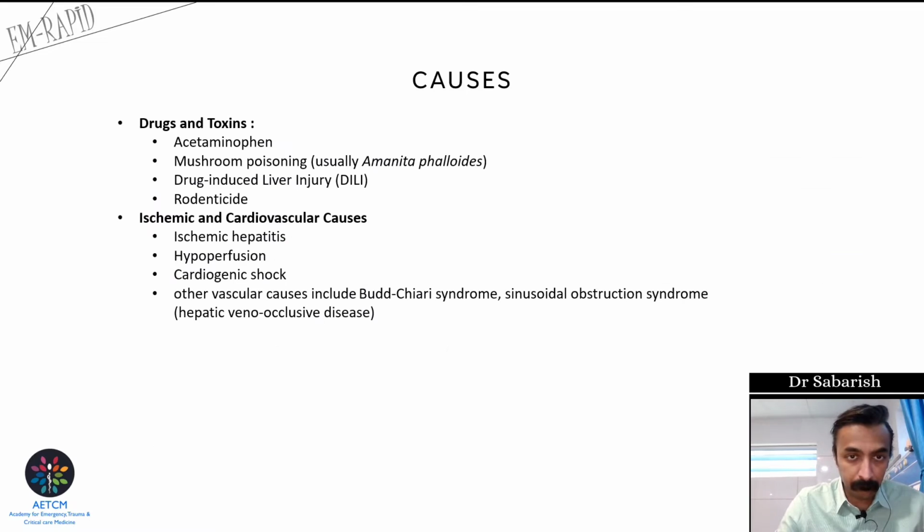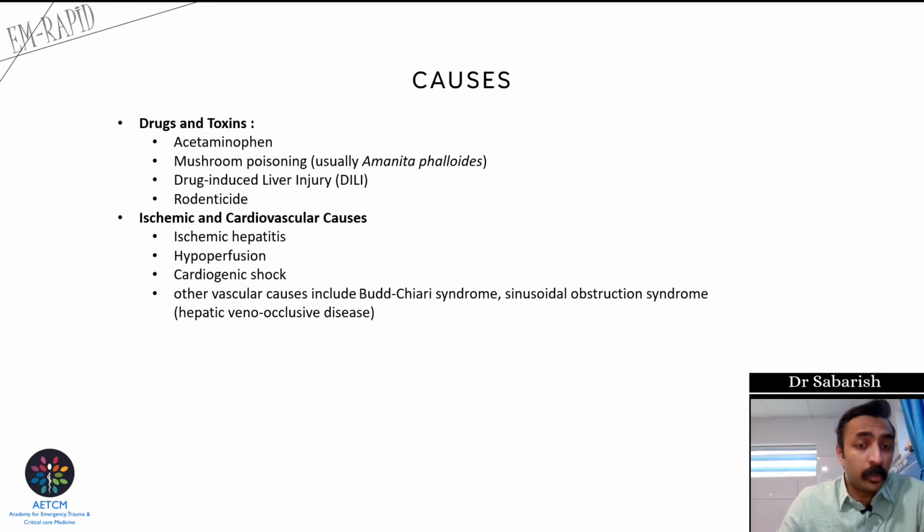Causes. Again, as I said, we are limiting our discussion to only ALF and not ACLF. The most common causes are paracetamol toxicity, mushroom poisoning, drug-induced liver injury, and rodenticide, especially zinc phosphate.